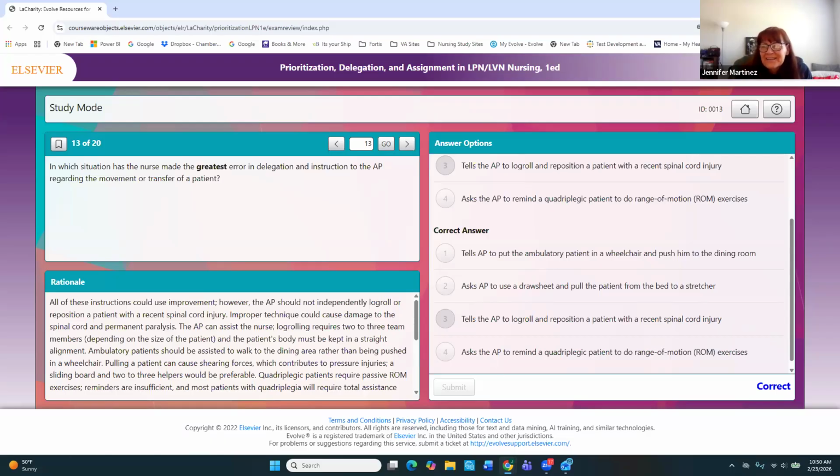Has anybody ever log rolled a patient in class? No, nobody has ever practiced log rolling. So any of your spinal cord patients, if they need log rolling, it's definitely not a one-person job.